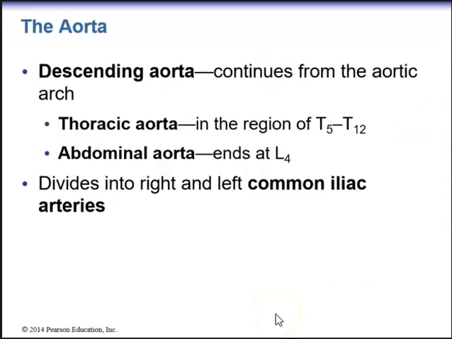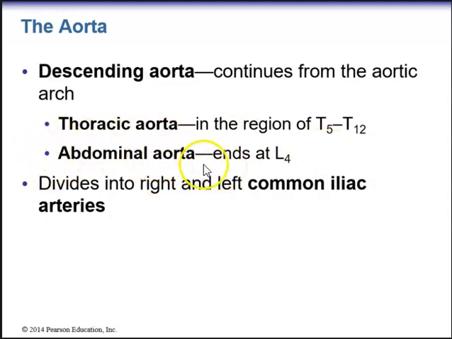The descending aorta is the section of the aorta after the aortic arch, and it is also synonymous with the thoracic aorta in the thorax. The thoracic aorta is in the region of vertebrae T5 to T12. Once it goes through the diaphragm, that muscle that separates the thorax from the abdomen, it becomes the abdominal aorta.